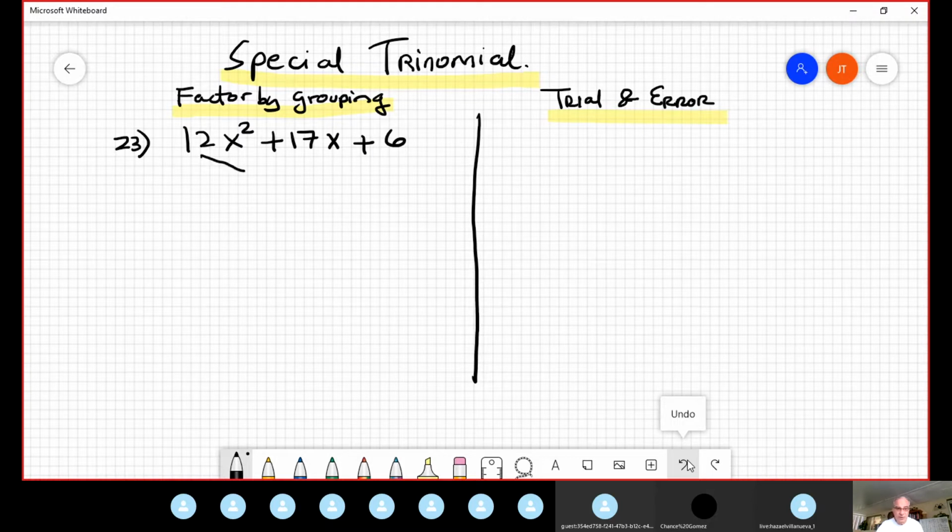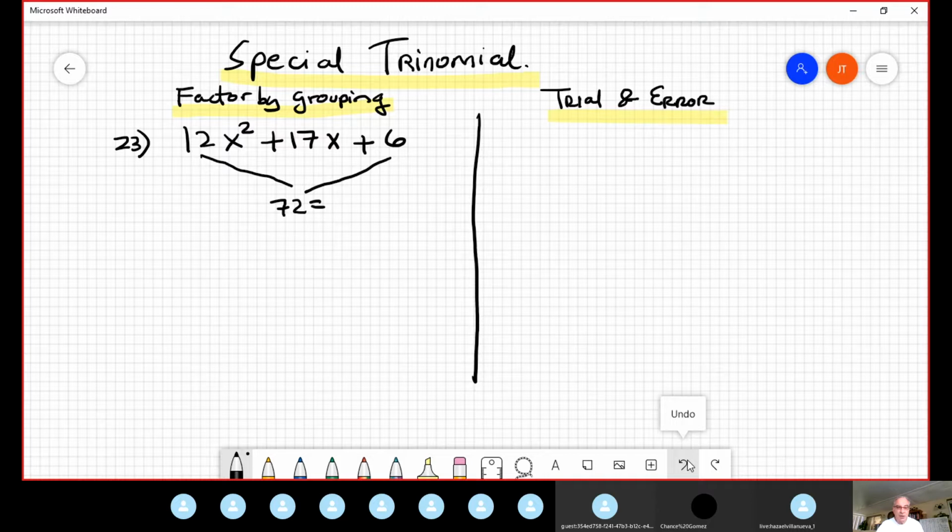Okay, grouping is easy. You always multiply this number and this number. We never did that before, because when the coefficient here is one, times this number makes no sense. But in this case, yes, we multiply.